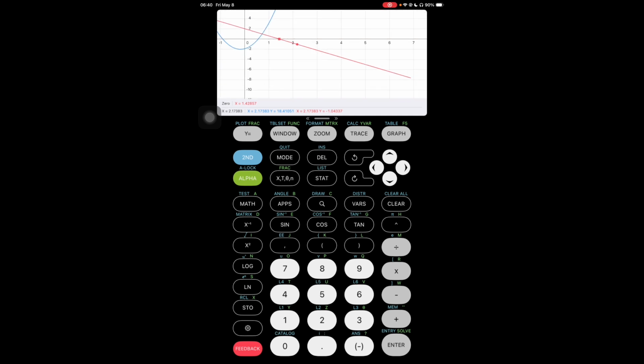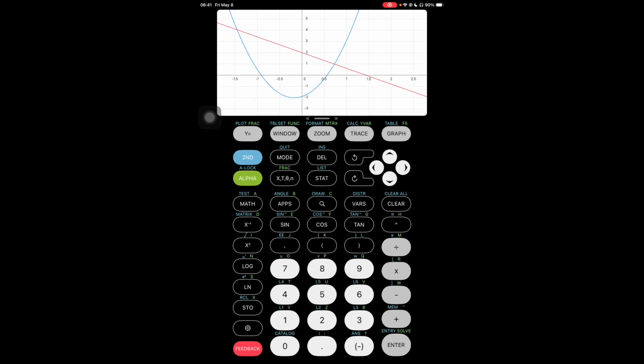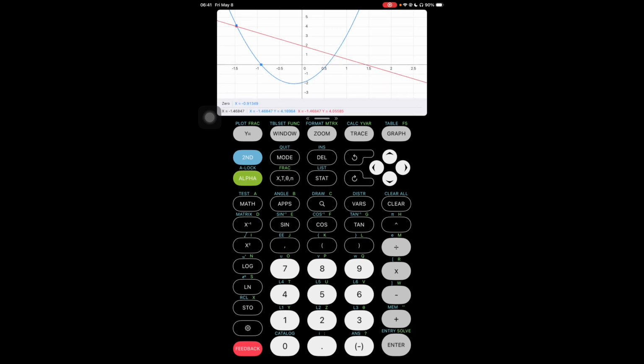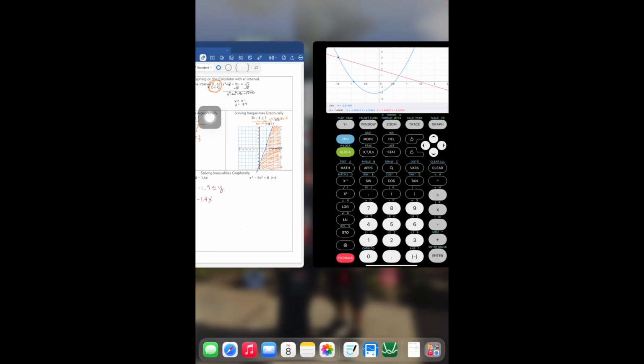And this is going to show that one is a parabola and one is a straight line. And where do they cross each other? That is actually going to be our answers. And so as we can see, it crosses the x about 0.7 for that point. And on this side, it crosses it about negative 1.4. And that would be my answers.